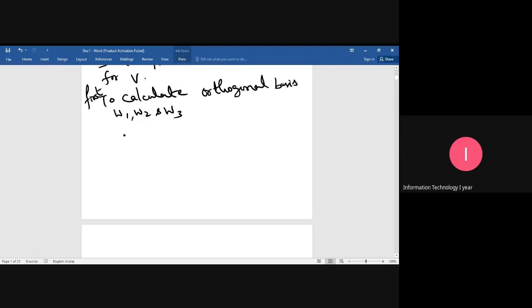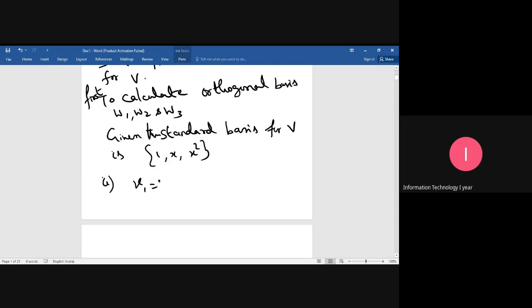Before that, given the standard basis for V, which is 1, x, x square, here V1 is equal to 1, V2 is equal to x, V3 is equal to x square.